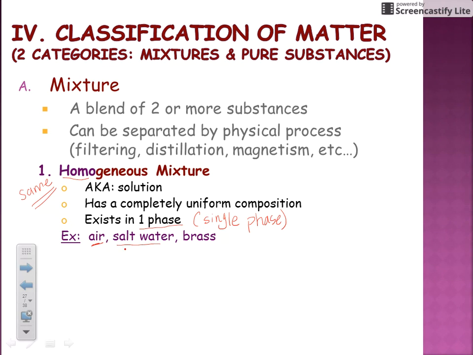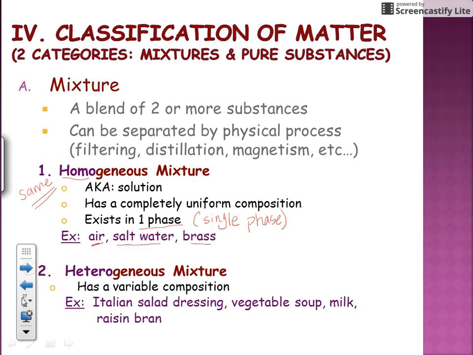You're not going to see the salt crystals separate from the water. It will totally dissolve. Brass is a solution basically of two metals that have been melted and then mixed together and allowed to solidify. The homogeneous means the same throughout.